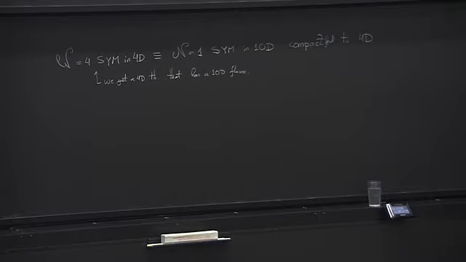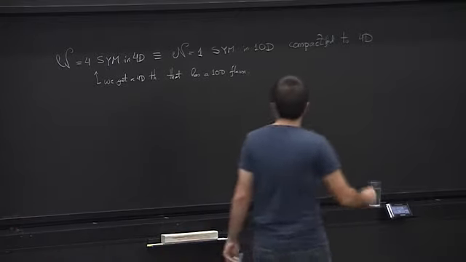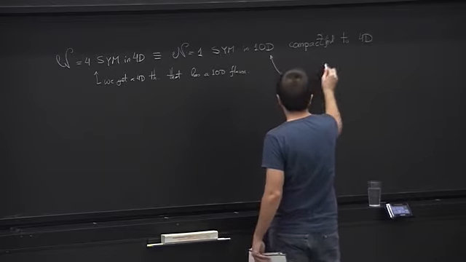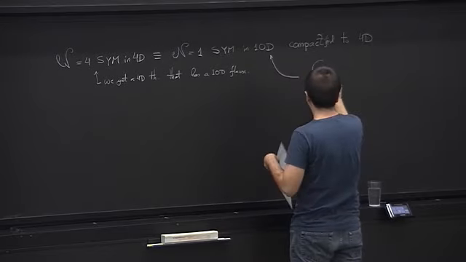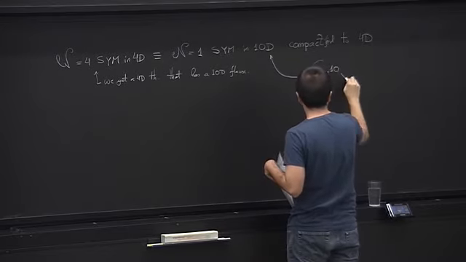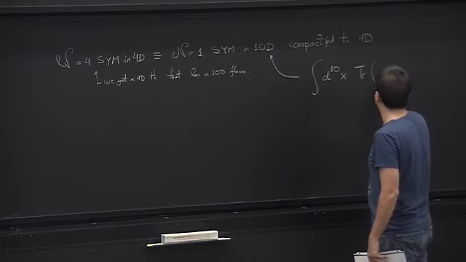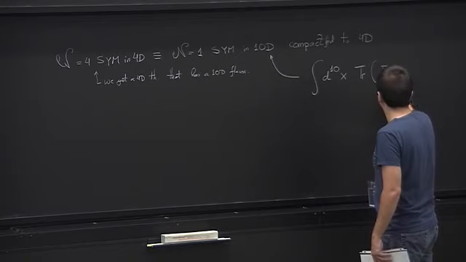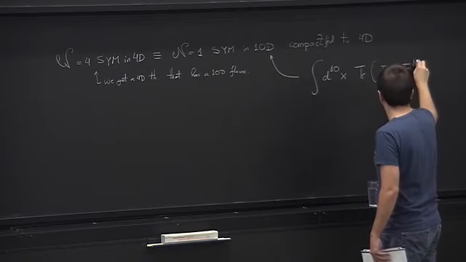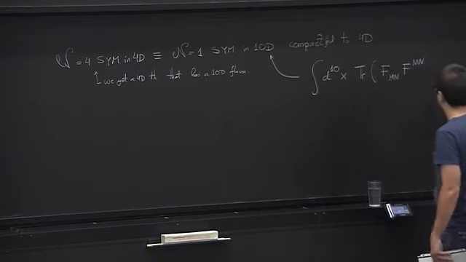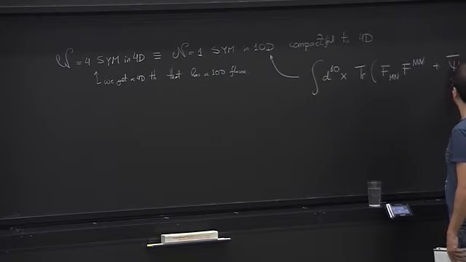So this theory is very simple. This N equals 1 theory in 10 dimensions is very simple. It is just given by the integral in 10 dimensions of the trace of just Yang-Mills, plus some fermions.